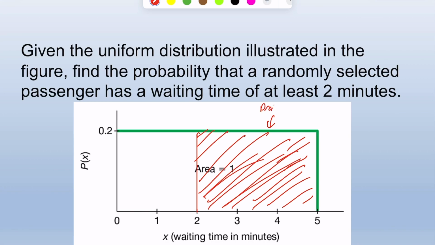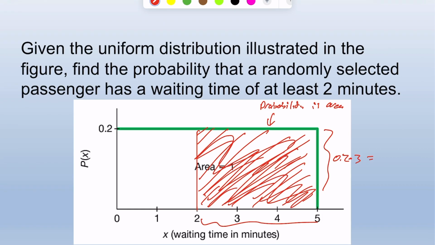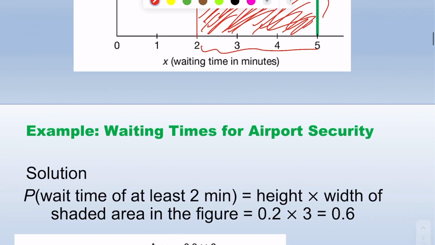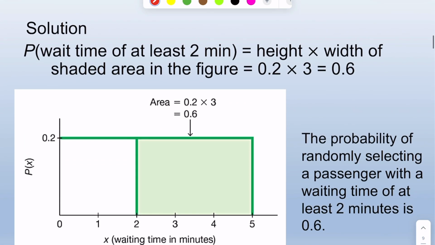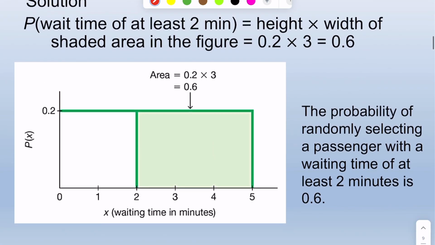Remember, probability is area. And so what is this area? Well, it has a height of 0.2. It has a width of, well, it looks like 3. And so that's going to be 0.6. Okay. And here's the solution. All right, and that's that.